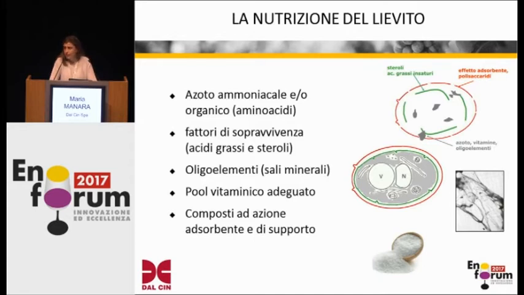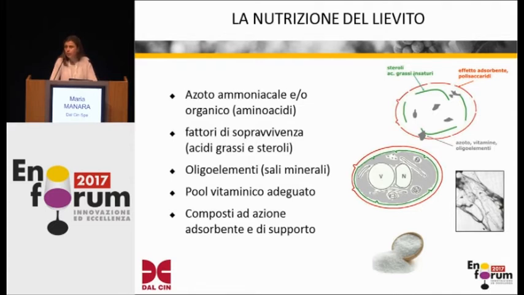The yeast also needs fatty acids and sterols, which are survival factors, and again, yeast derivatives, because they make out the cell membrane as well.